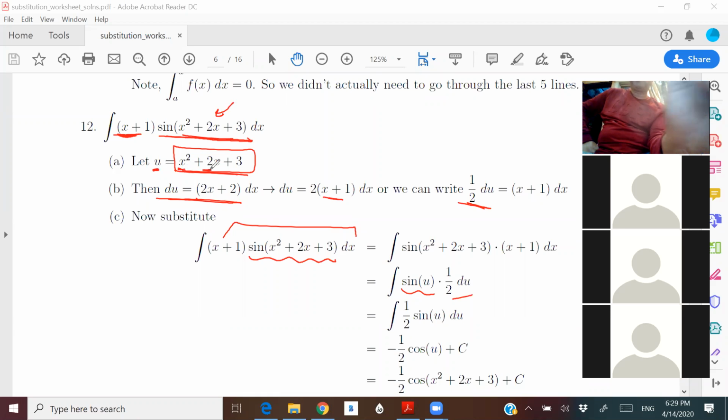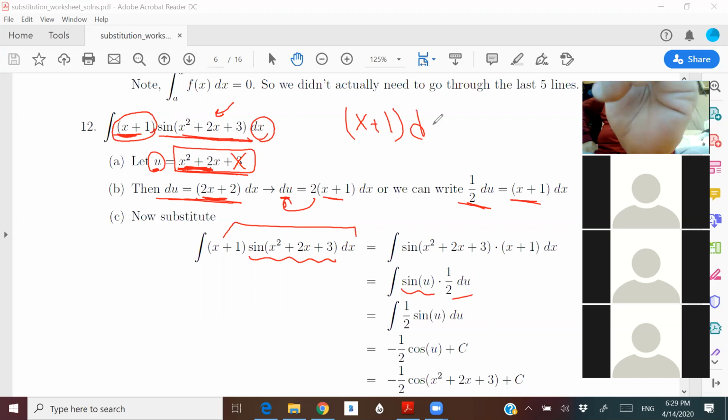Du becomes 2x plus 2. So I can replace (x plus 1) dx by half du.